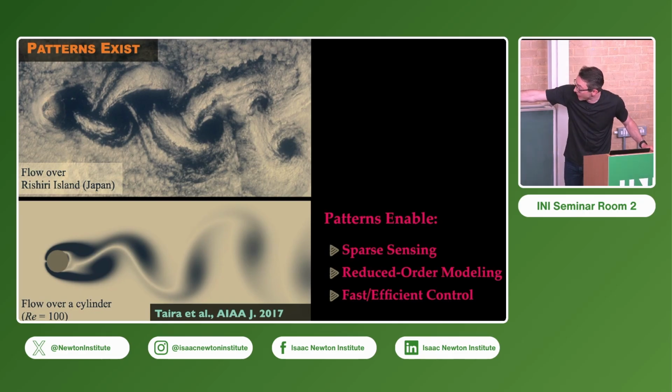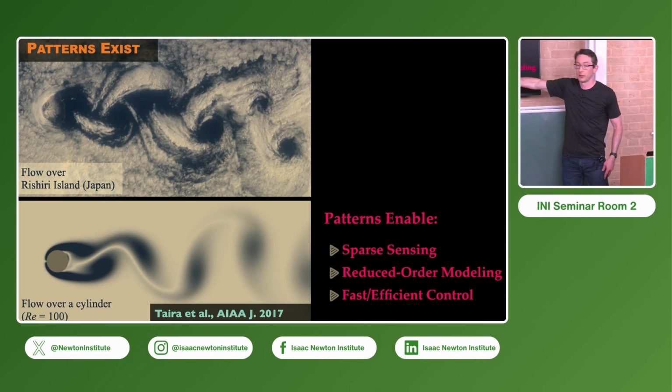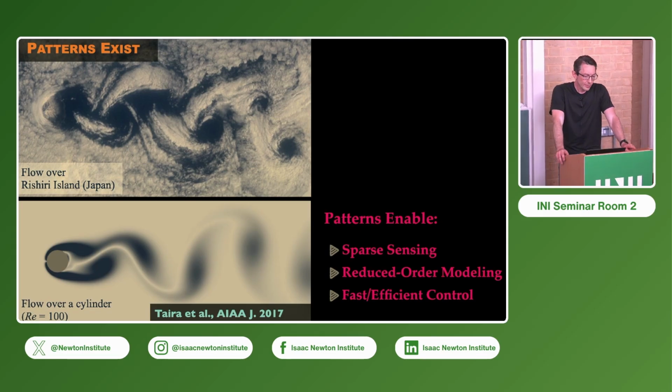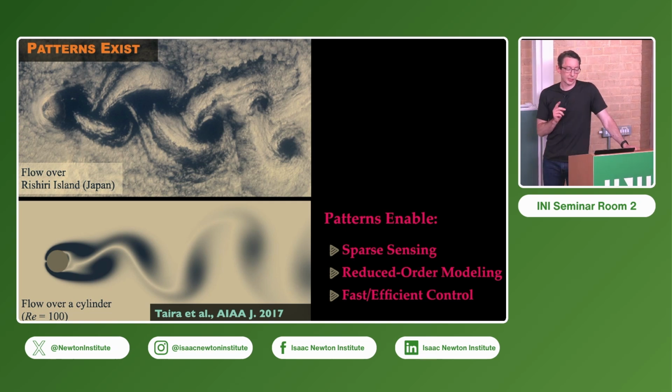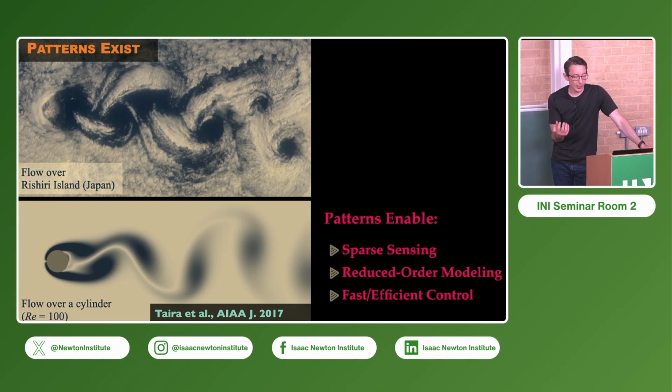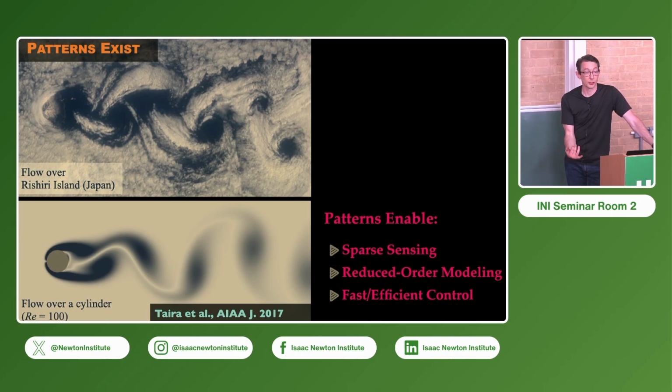So my friend Sam Tyra wrote a nice review paper about how you can find these patterns, extract these patterns, and use them for things like sparse sensing, reduced order modeling, and efficient control, which are all topics that my lab works on. So sparse sensing is an interesting one, and I think this is relevant for all of us. If a high-dimensional system has low-dimensional patterns, I don't have to measure everything in the system.